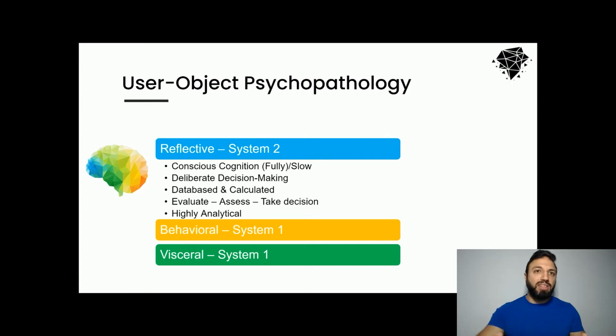You're deliberately taking decisions, assessing and evaluating with your system 2, your active, slow, and again, slow here is not an insult, your system 2, which is your thinking, reflective brain, is slower than the behavioral and the visceral by design. But it is more sophisticated and can take more calculated and highly analytical decisions.